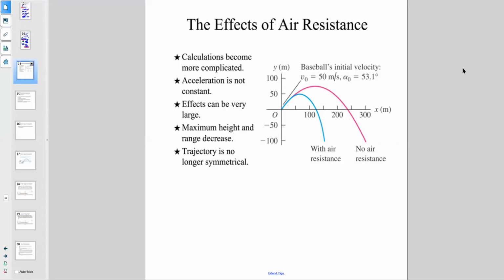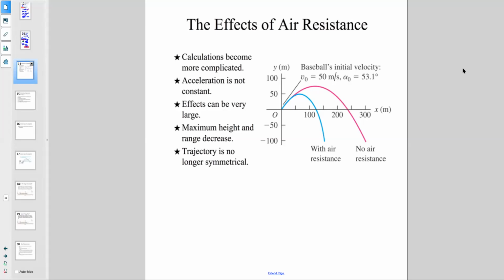A lot of physics students at a higher level, when taking mechanics, deal with these types of problems, but for this course, you're not. When we have air resistance, calculations become way more complicated, and acceleration is not constant anymore because air resistance is pushing it backwards. The effective air resistance can actually be large.